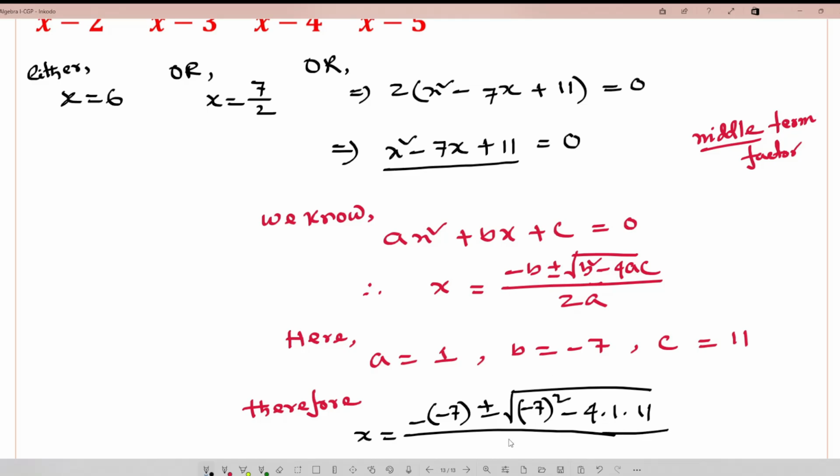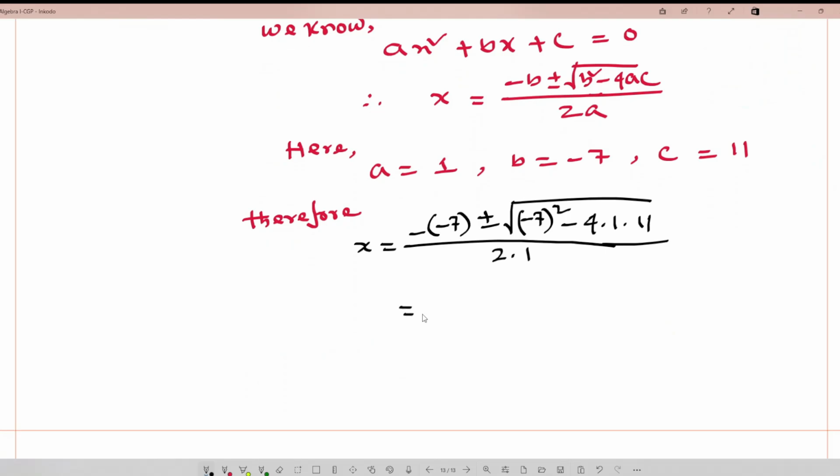And then 2a, 2 times 1. Now look, here is minus and minus 7, minus and minus plus, so it will become 7, plus minus root over minus 7 square means 49, minus 4 times 11, it means 44, divided by 2.